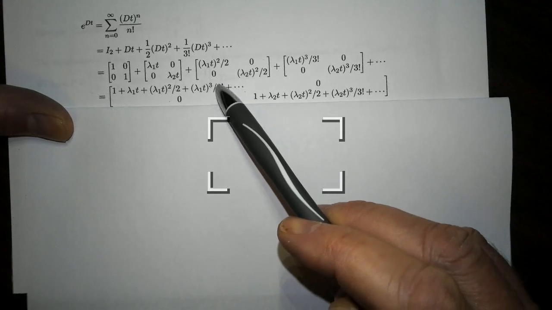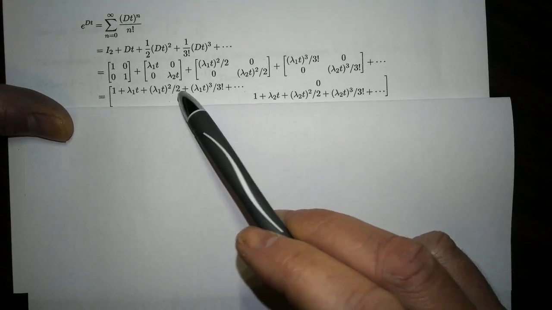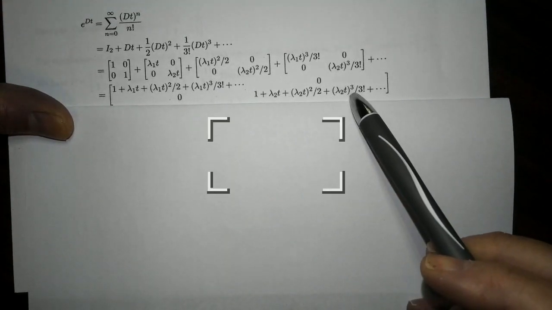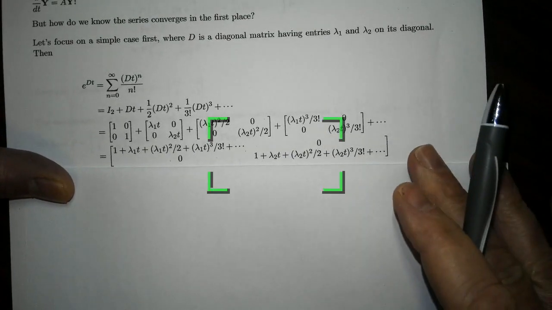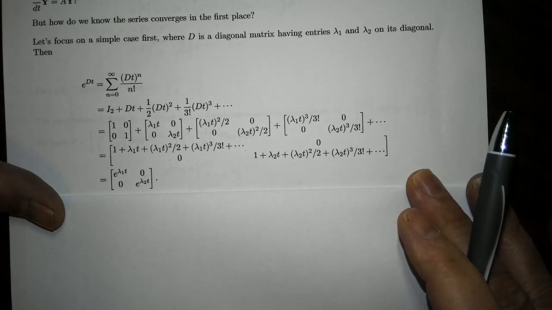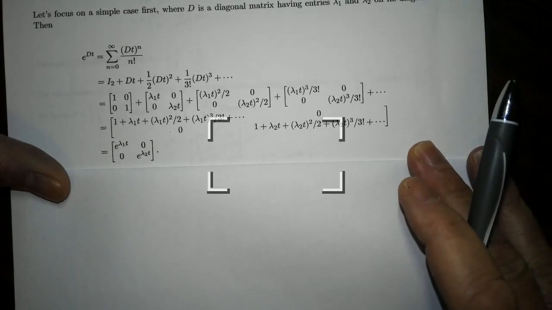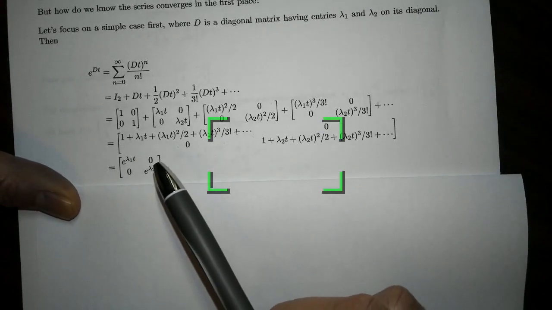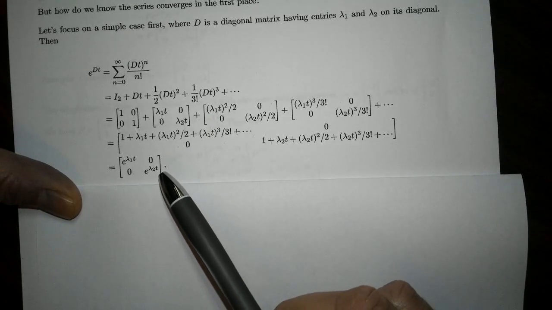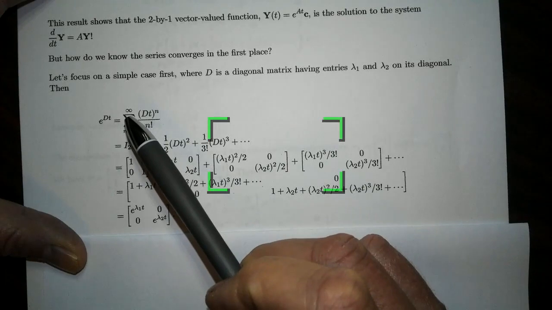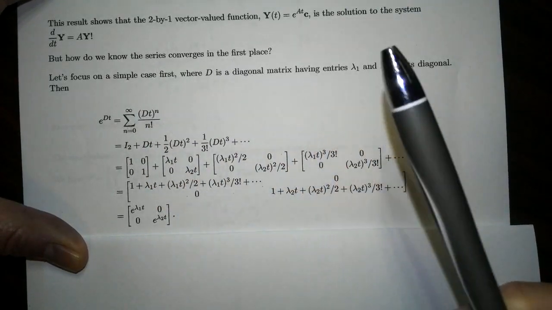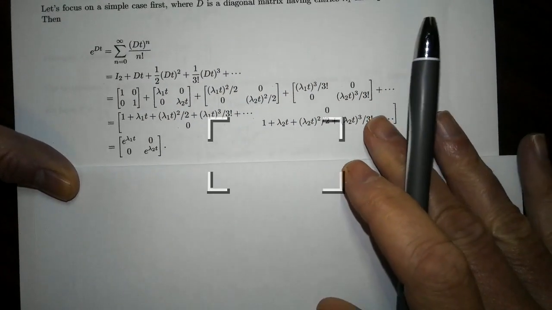That's simply the exponential function evaluated at lambda 1 t, and the same thing is true here. What we're doing is we're using the usual Taylor series for the exponential about the origin. So e to the Dt is simply e to the lambda 1 t, e to the lambda 2 t along the diagonal. So it's fairly simple to exponentiate a diagonal matrix, so to speak.